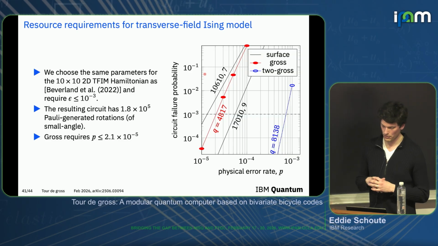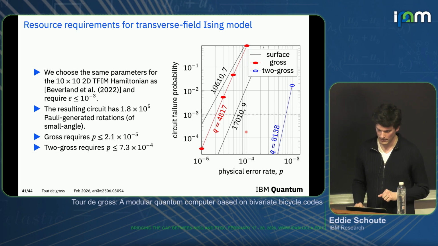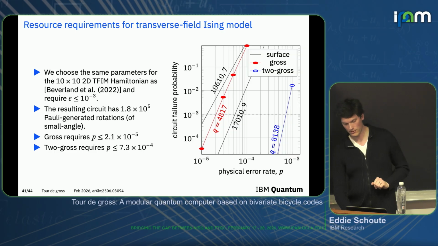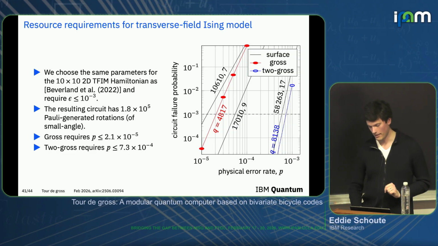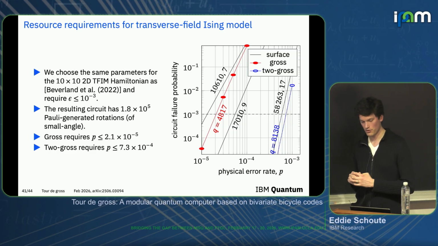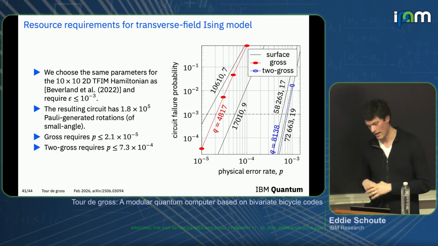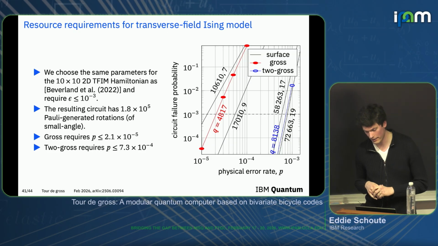And if we use 2 gross codes, which have a much larger code distance, but also require some more qubits, so about 8,000 qubits, we need a physical noise rate of at most 7.3 times 10 to the minus 4, pretty close to 10 to the minus 3, if I say so. And the comparable surface codes have a distance of 17 and 19 and require more than 60,000 physical qubits.